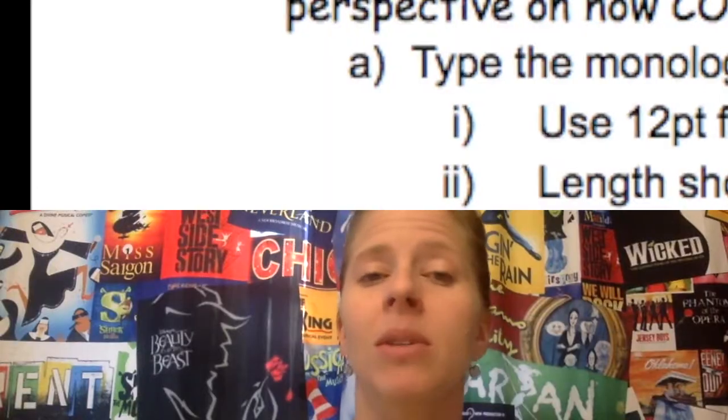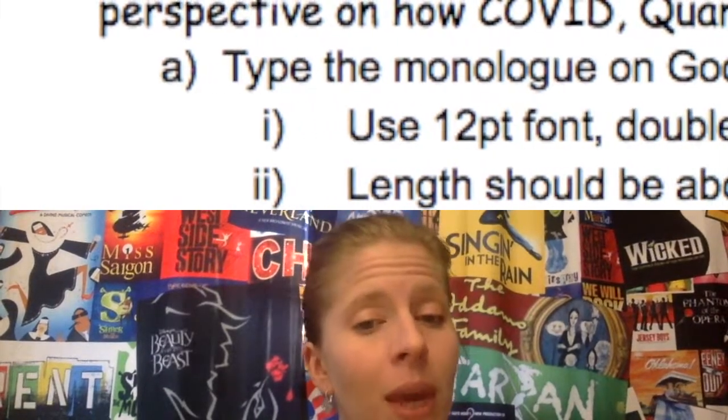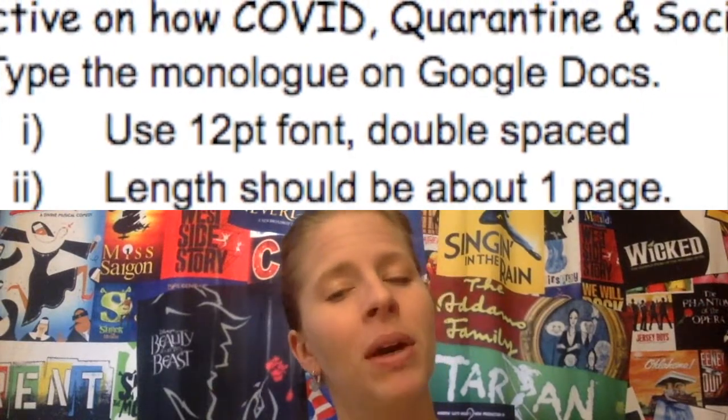It's going to be 12-point font, double spaced, and the length should be about a page. When you write a paragraph single spaced, it's about half a page, right? When you double space it, it's about a page. You want to make sure to check for spelling or grammar errors.